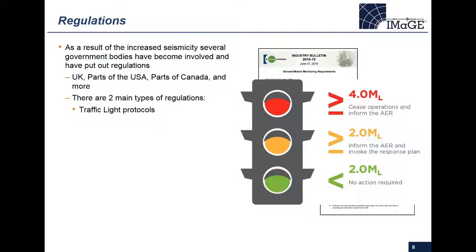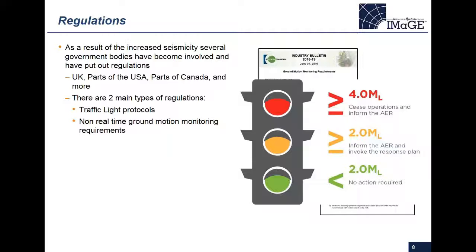The other common type of regulation is a non-real-time solution, and this just requires some ground motion monitoring. For example, northeastern BC has an area where they need to just place an accelerometer within 3 kilometers of a treatment well, and this pad will not be monitored in real time, so any induced seismic events that occur while treatment will just continue to go right on.